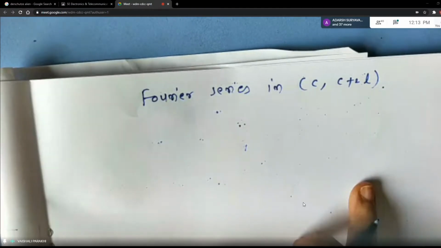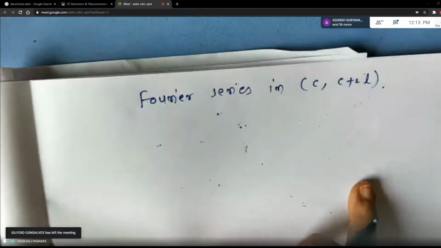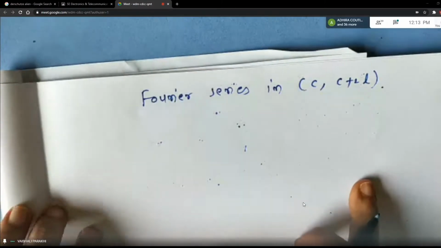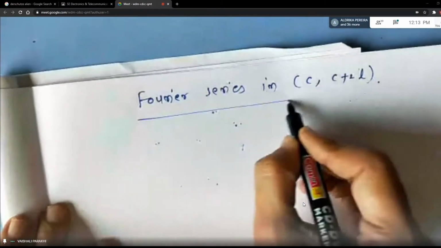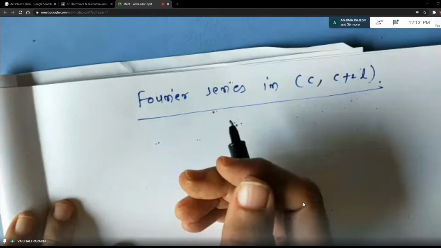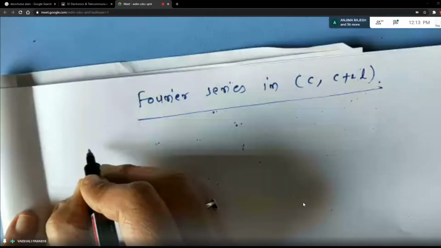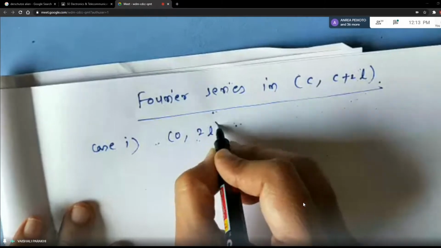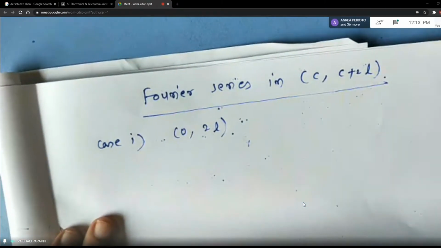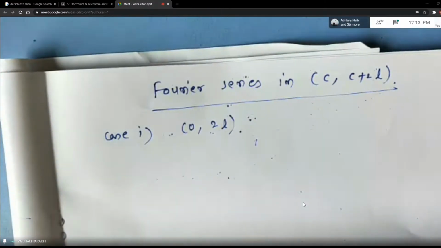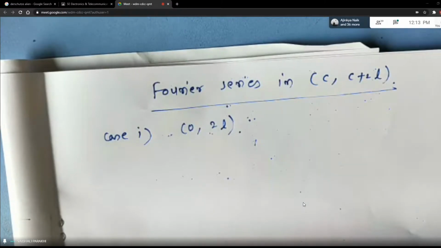So how to go about these formulas? Suppose it is asked to find the Fourier series of a function where your intervals are these, then how to go about the formulas. Let us take the interval 0 to 2L. Okay, first case, interval is 0 to 2L. What are the formulas for a0, an and bn? And what is the Fourier series for this type of interval?